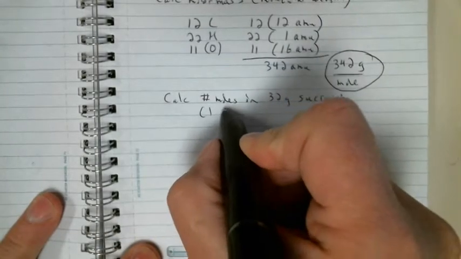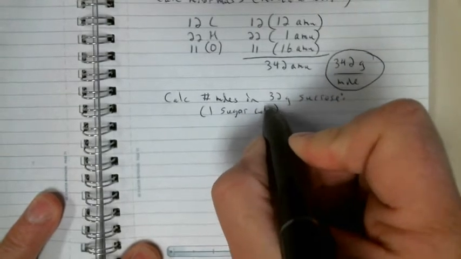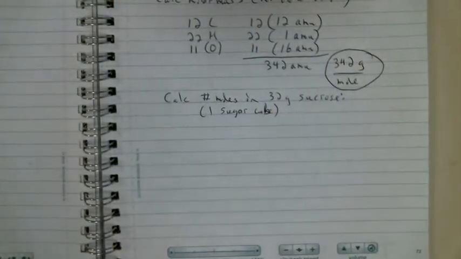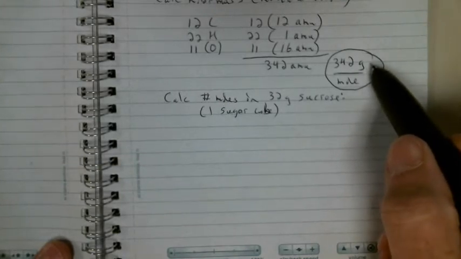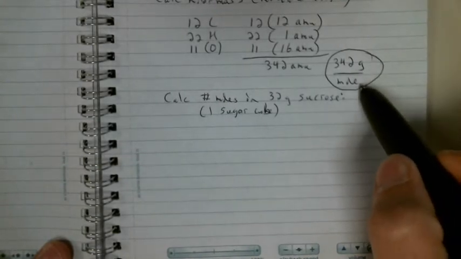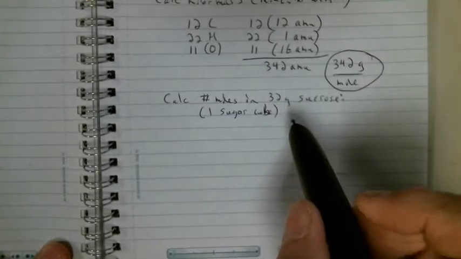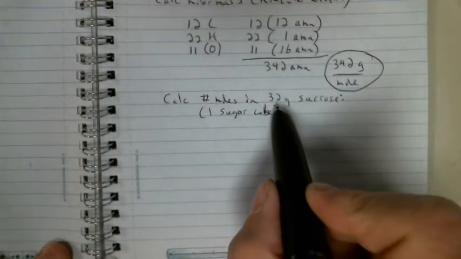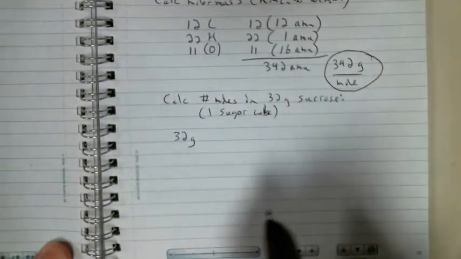How much is 1 sugar cube? So here's our conversion factor: 342 grams is equal to 1 mole of this compound. To do the conversion, just like 12 inches in a foot, we'll start with what we're given. We're given 32 grams of sucrose.